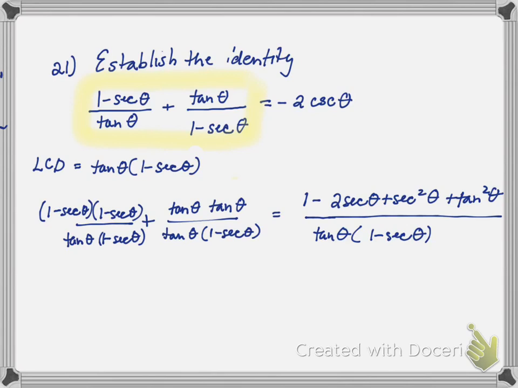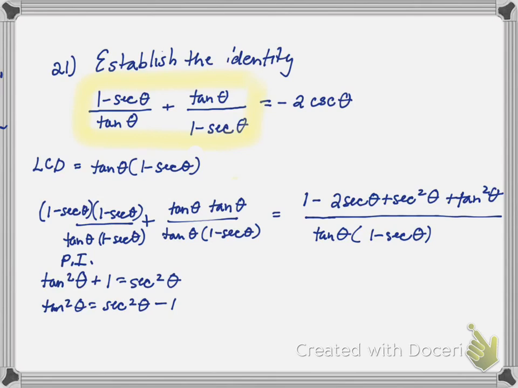When you have squared terms like secant squared or tangent squared, I'm going to rely on Pythagorean identities. The Pythagorean identity that I'm interested in is the one that links up tangent squared and secant squared. If you remember, tangent squared theta plus 1 equals secant squared theta. That is a Pythagorean identity. If I manipulate it and get tangent squared theta by itself, I get secant squared theta minus 1.